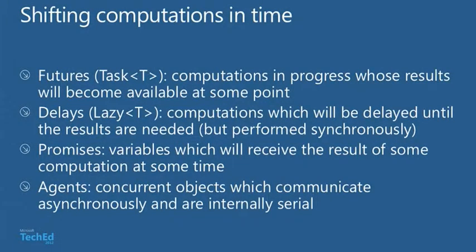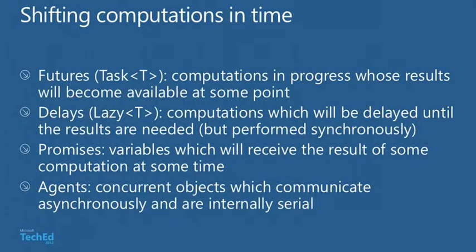That is computations in progress or computations whose results will become available at some time. They're just going on in the background somewhere, and at some point a result will become available on that future object. But there are a bunch of other things that you can do to move computation away from blocking your main thread, from blocking your UI thread.